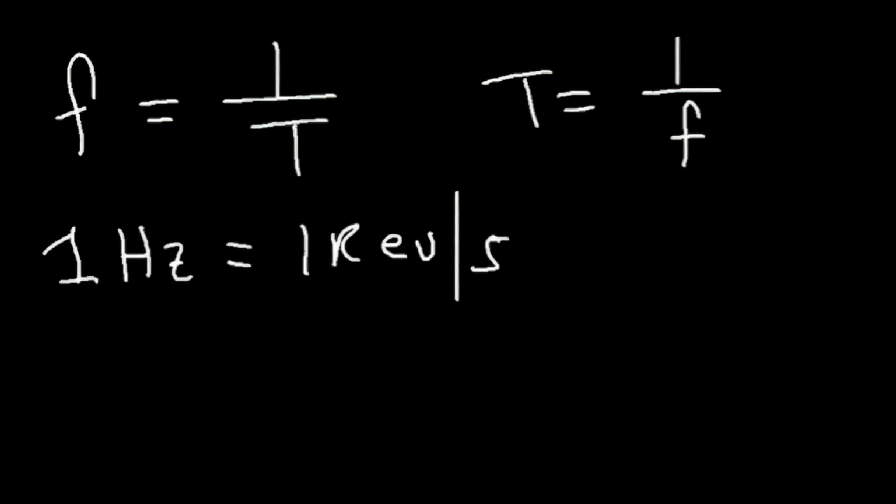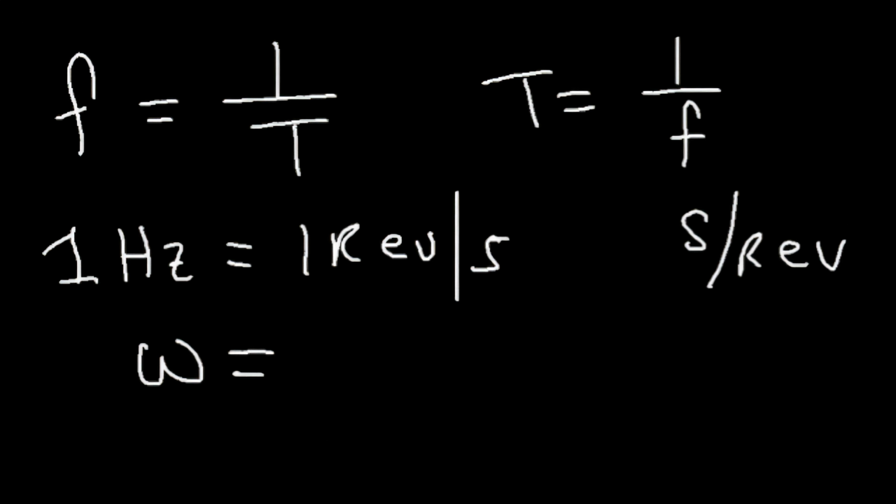And the unit for period, as we mentioned, is seconds per revolution. Omega, or angular velocity, is equal to 2 pi f. That's how you can relate angular velocity to frequency. So if you know the frequency, then you could easily find the angular velocity.